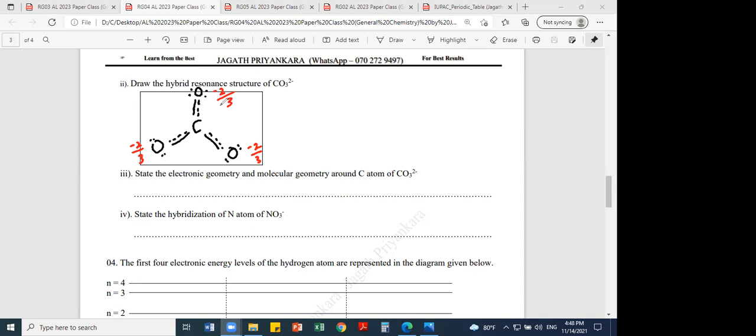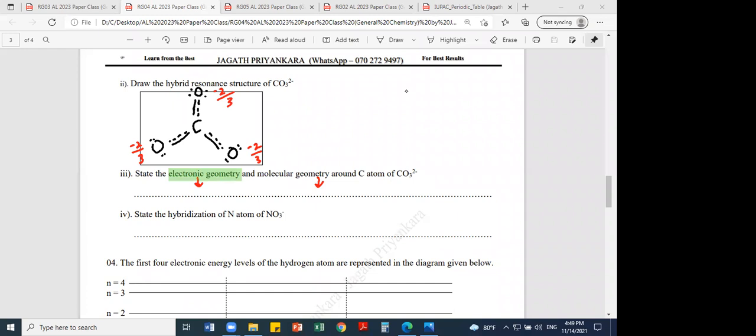Then the next one: electronic geometry and the molecular geometry around carbon in carbonate ion. That means you have to write the electronic geometry separately and the molecular geometry separately. Electronic geometry is the arrangement of electron pairs around the carbon in the carbonate ion.